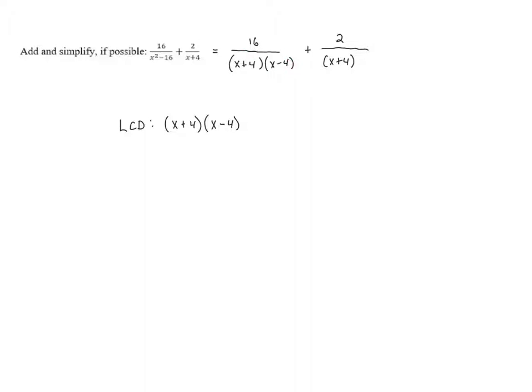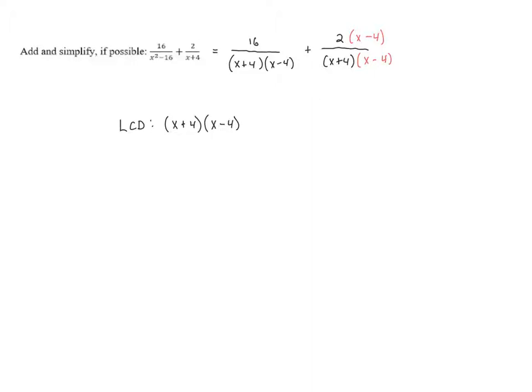But in the second fraction, all we have is an x plus 4, and the LCD is x plus 4 times x minus 4. So there is a missing x minus 4 that we need in that denominator, and we can get that by multiplying by x minus 4. But we know that if we multiply the bottom of a fraction by something, we also have to multiply the top by the same thing to get an equivalent fraction.